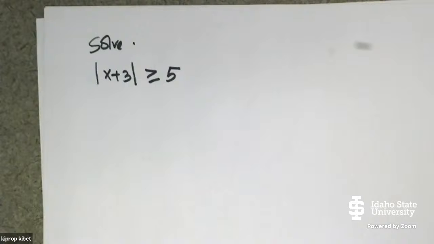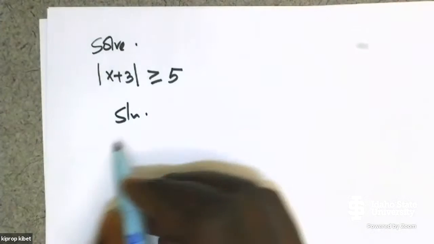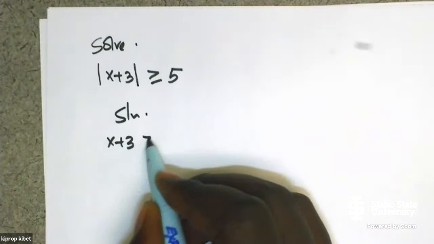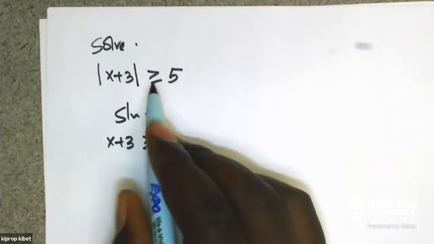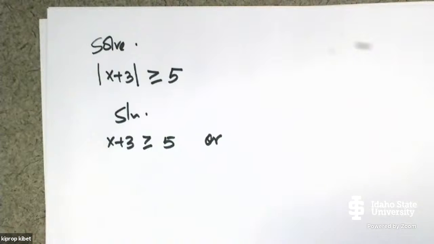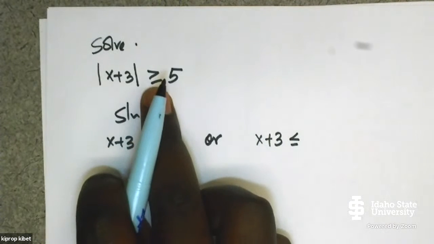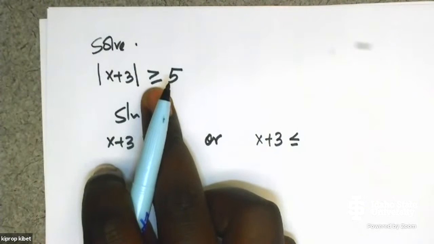Our first step, it is already isolated. So the next step is x plus 3 is greater than or equal to 5. Since this one is greater, then this should be what? Or x plus 3 less, we change the sign, right?